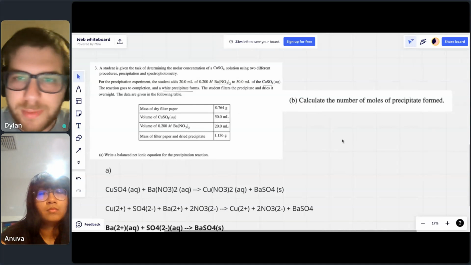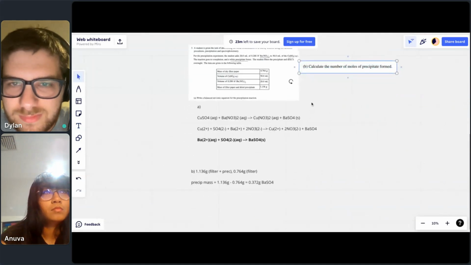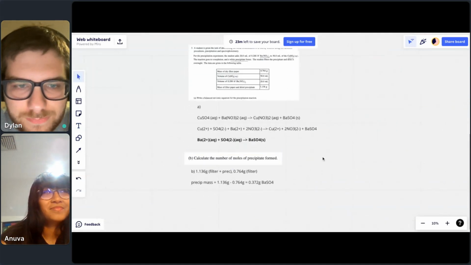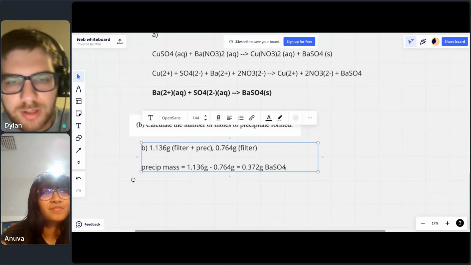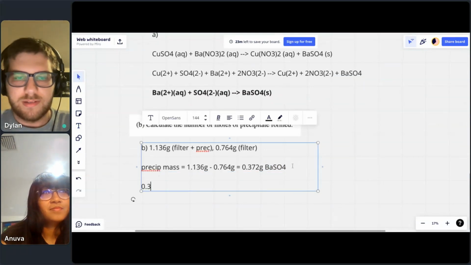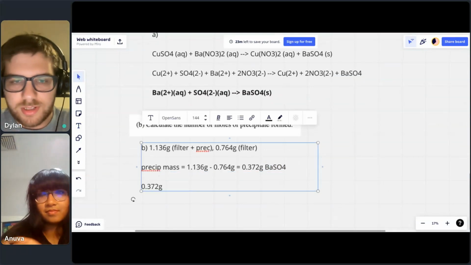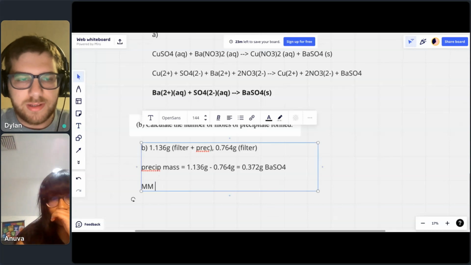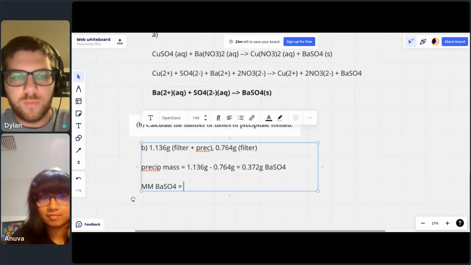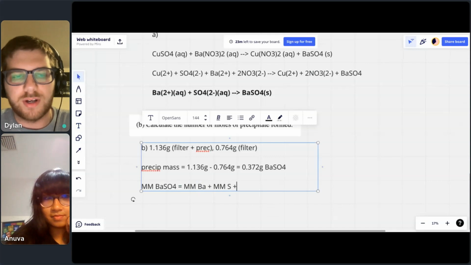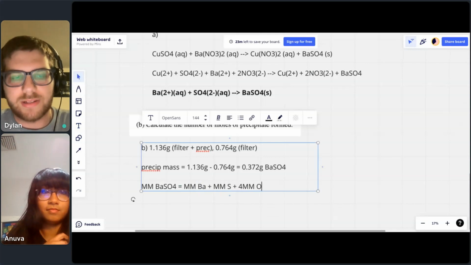All right, so that was a minute gone. I apologize for jumping the gun, but we can then just convert this to moles. First, let's find the molar mass of barium sulfate, which is the molar mass of barium plus the molar mass of sulfur plus 4 times the molar mass of oxygen.